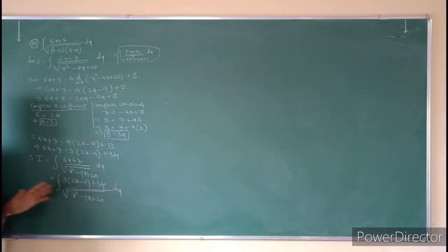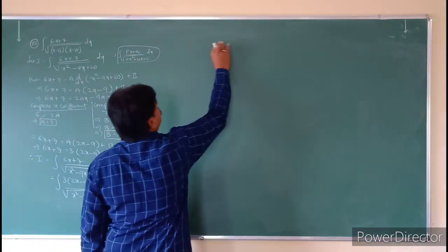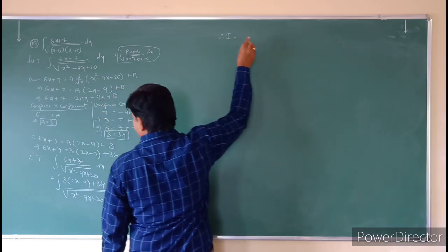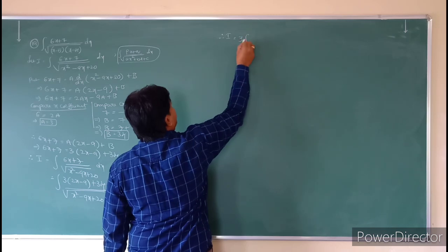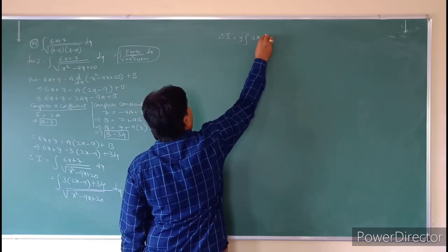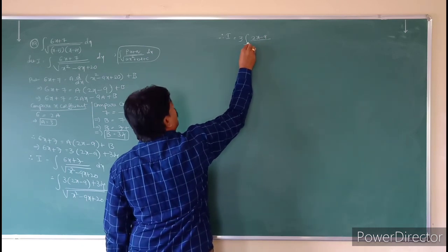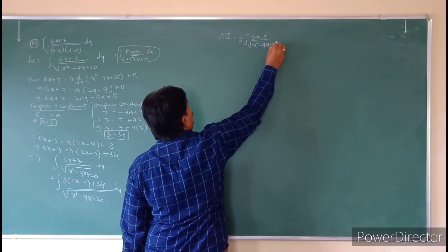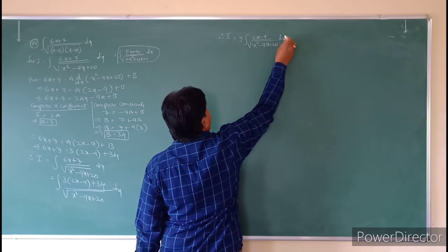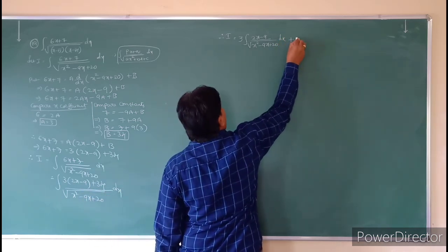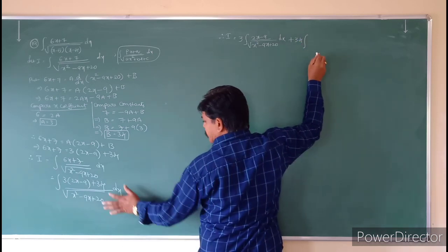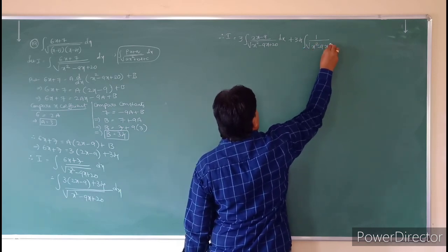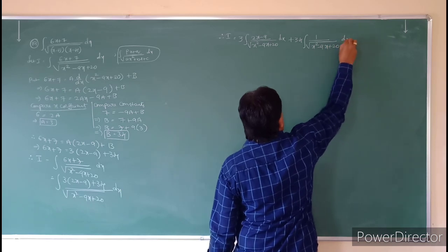Just substitute this value and separate the terms. Therefore I is equal to 3 into integral of 2x minus 9 by root of x square minus 9x plus 20 into dx, plus 34 into integral of 1 by root of x square minus 9x plus 20 into dx.